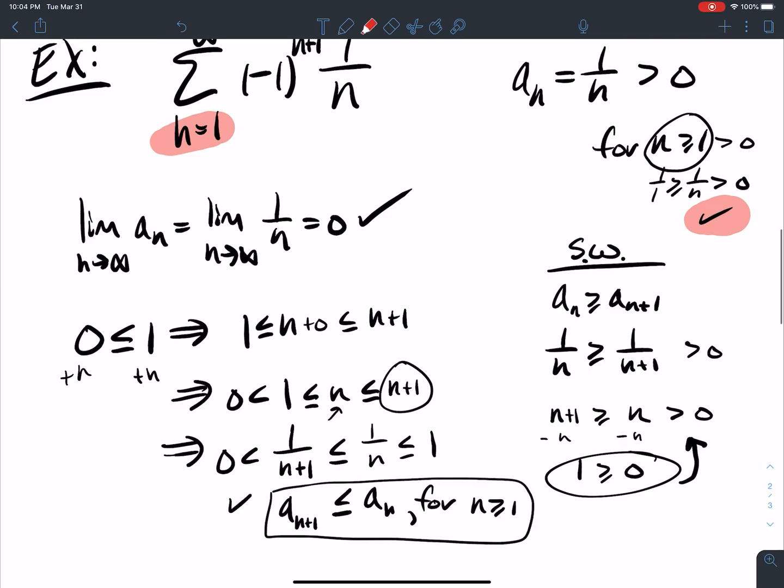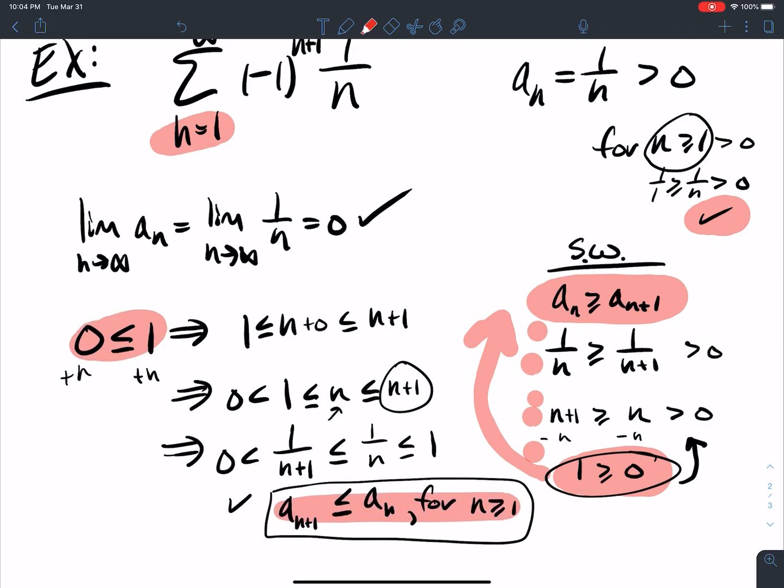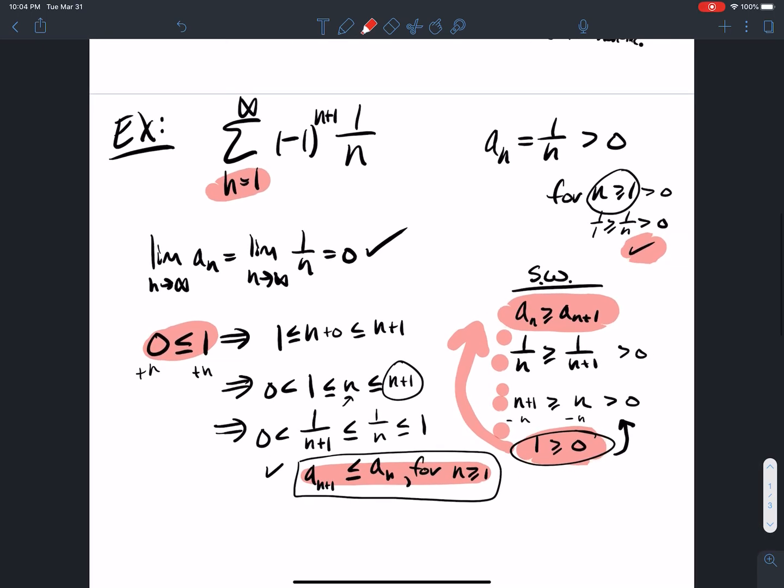Basically, the idea here is to start with what you want, work down until you get something you know is true, and then just reverse the steps back. Sometimes when you're working a difficult problem, it's easier to start at the answer and work backwards.